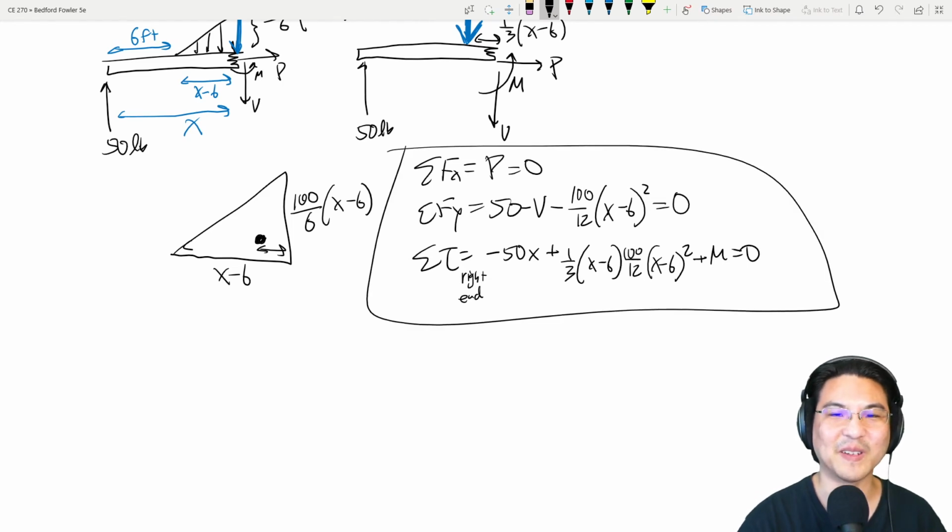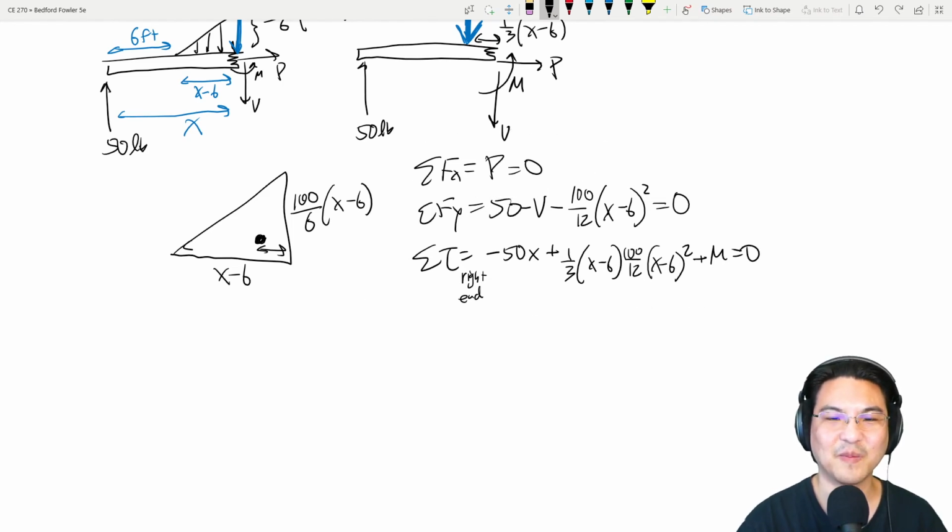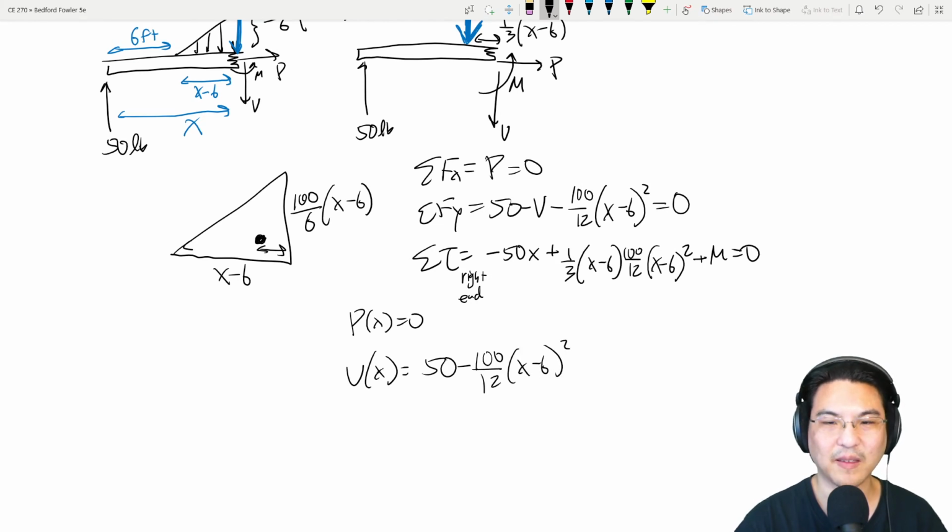All right, there we go. So now we got these three equations. This is 0, solve for V. Move this to the other side, so 50 minus. And then here, just move M to the other side.